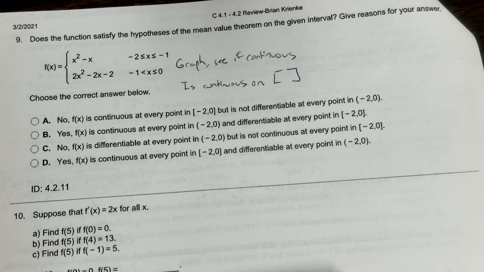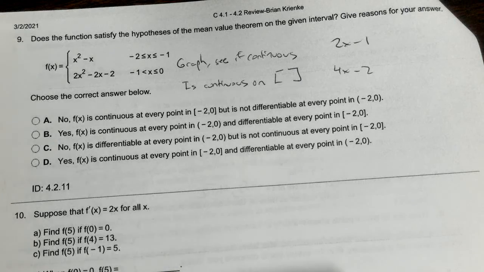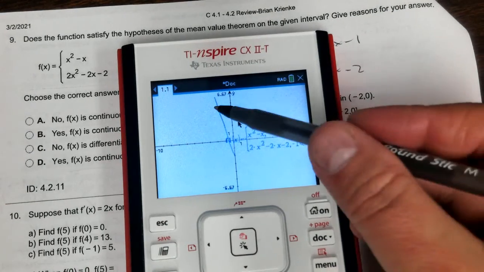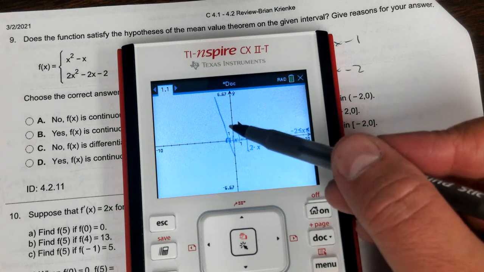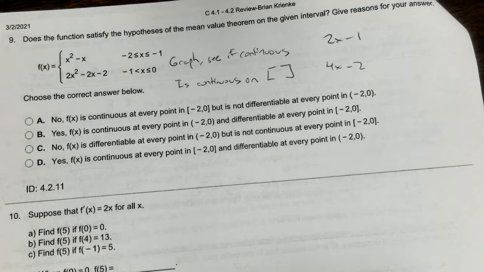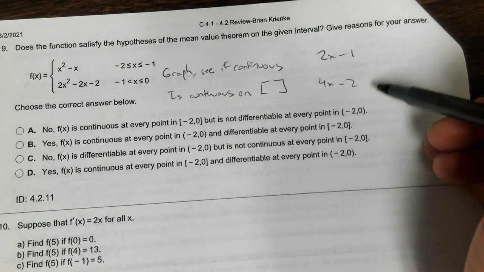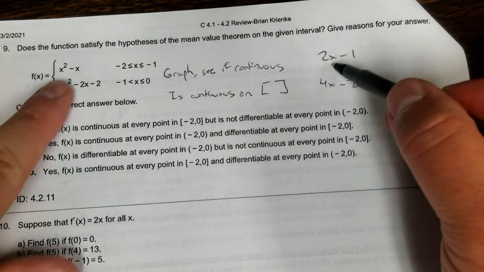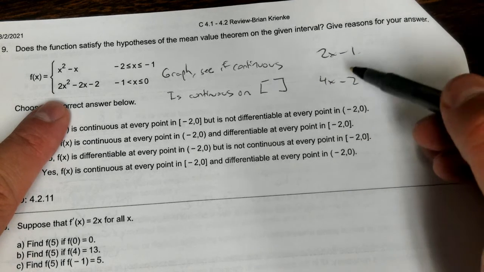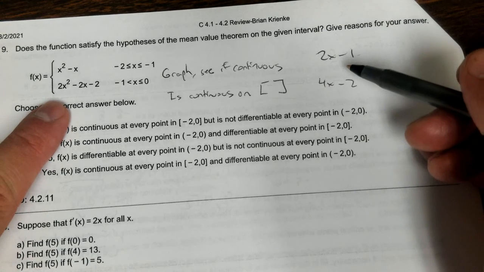and it's also, let's see, is it differentiable at every point? So in this case, even though it looks continuous, it's not differentiable at the break. So I wrote down the derivatives. It would have been 2x minus 1 and 4x minus 2, which is really irrelevant.